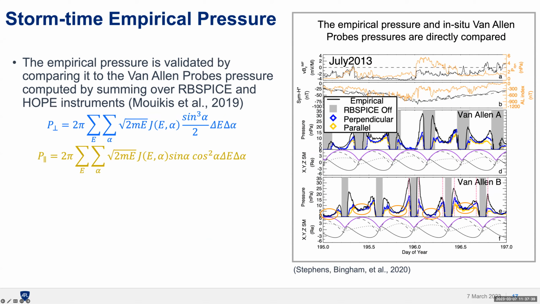Now, as we get closer to the pressure peak, we see these yellow diamonds and blue diamonds start to diverge. So the pressure is becoming more anisotropic.